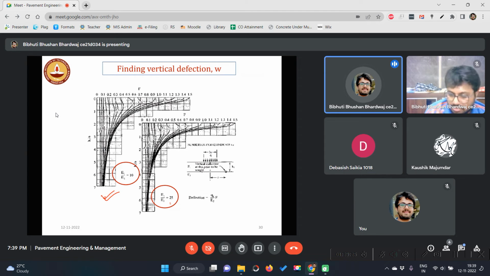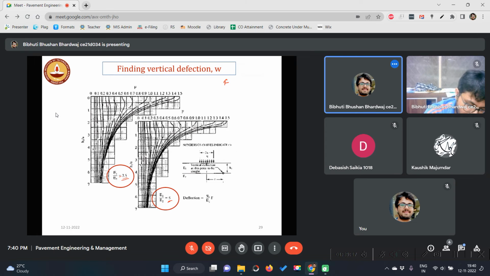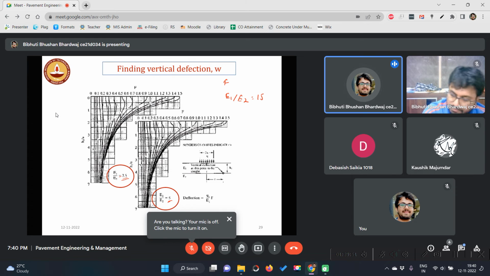Now one question. Suppose E1 by E2 is 15. Then what will you do? There is no chart for 15. Tell me, come on, think. How do you get F for E1 by E2 equal to 15? Can you tell?